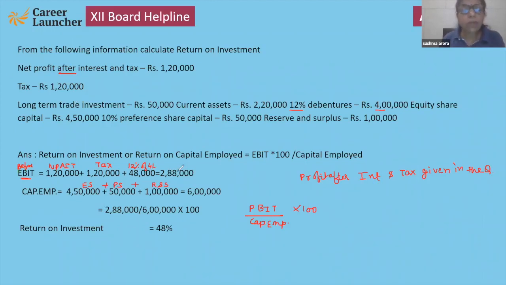Note down, children. And how to calculate interest? You know that interest is given only on debentures, not on preference share. This is the difference between debenture and share, that interest is to be given on debentures and dividend is to be given on shares.